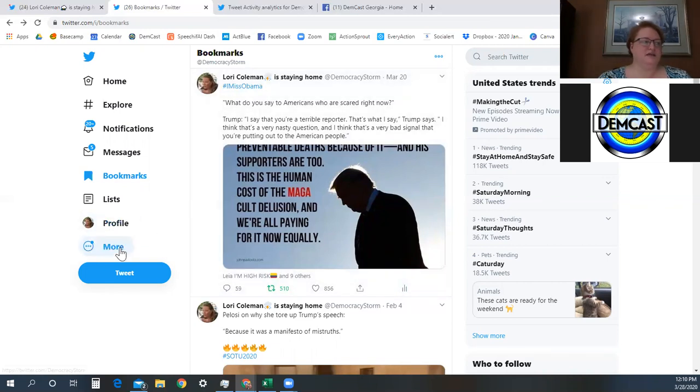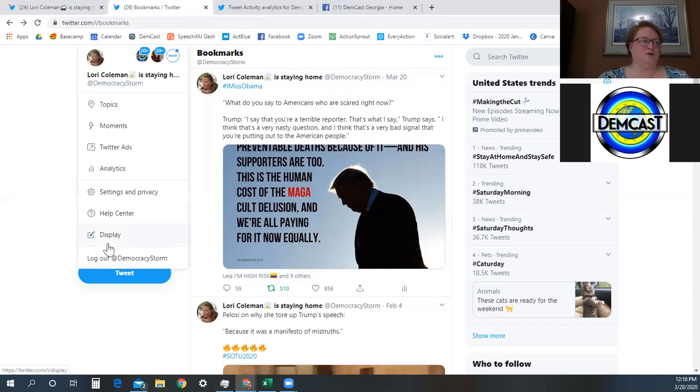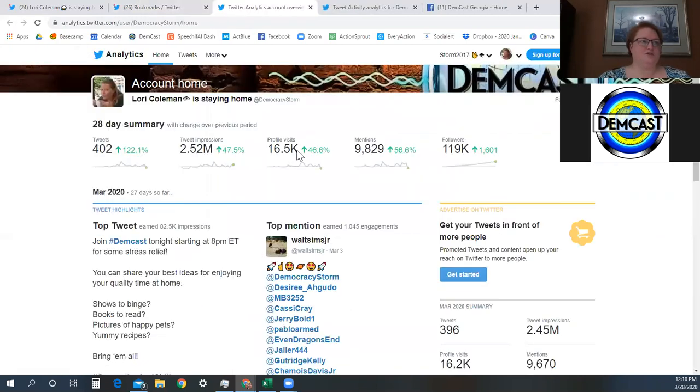So let's take a look at more of an overview of your entire account. So if you're on the computer, go to more and it drops down these options, you can go to a page that's called analytics. Okay. And when you do, it's going to pull up a summary of the last 28 days. So if it's in the middle of the month, you're looking back at the last 28 days, the last 4 weeks.